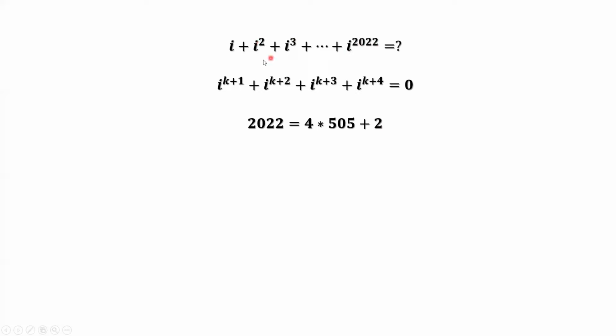The sum of each group of 4 equals 0, then the first 2 terms are the leftovers. So the sum equals the first 2, i plus i squared. What is i squared? i squared equals -1. We got the same result.